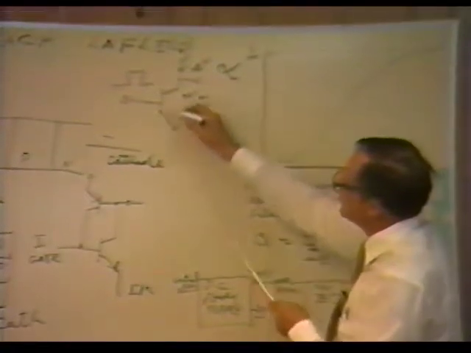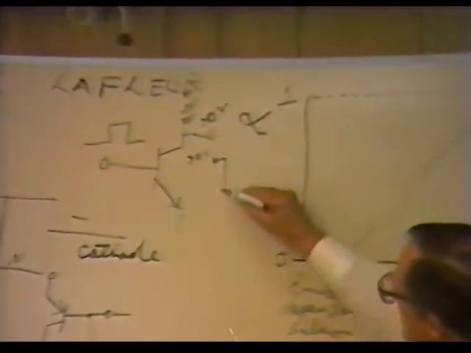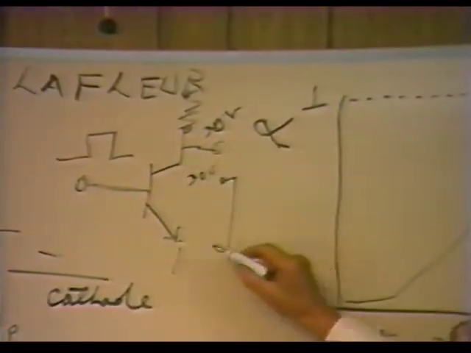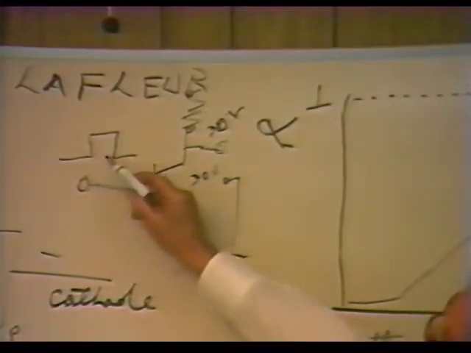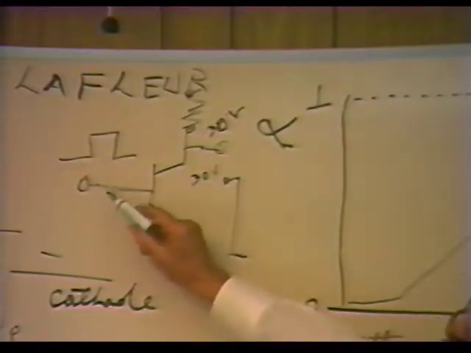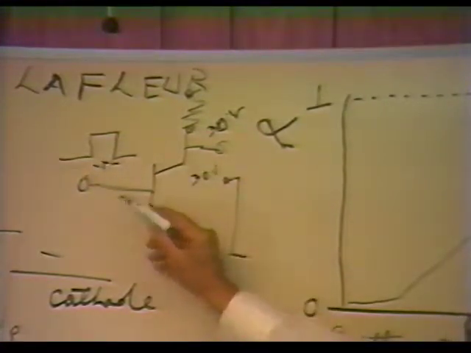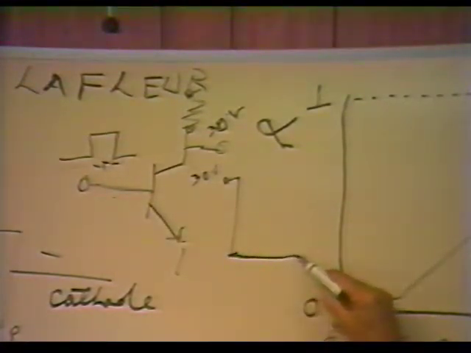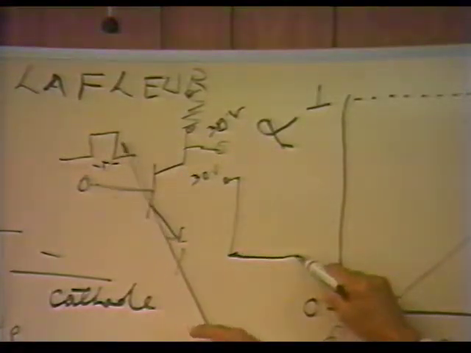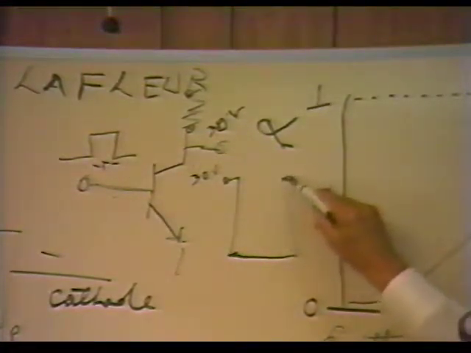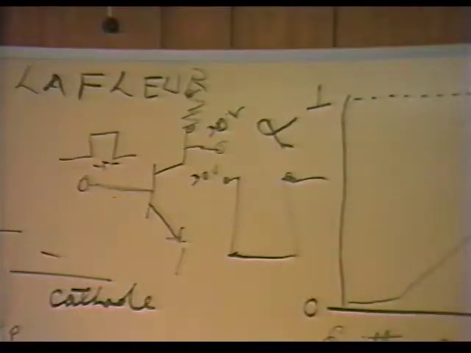When I turn the transistor on, it drops to the saturation voltage of the transistor, and as long as I keep that gate on, that transistor will stay on in saturation, and when I take this signal off and it drops down to 0, it'll go back up to 30 volts. That's the way a transistor works.